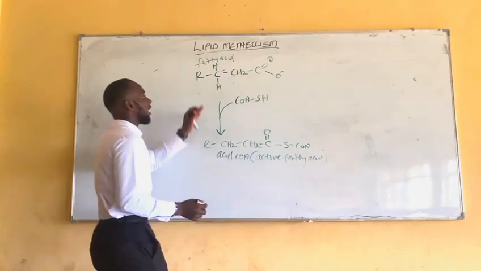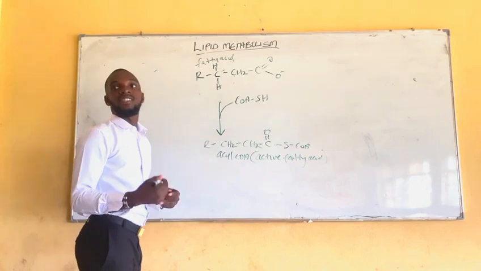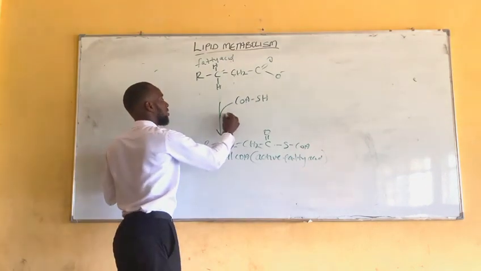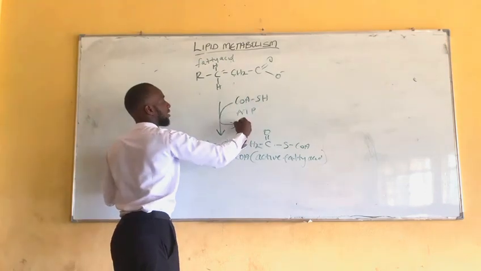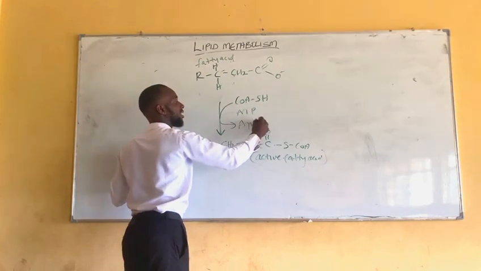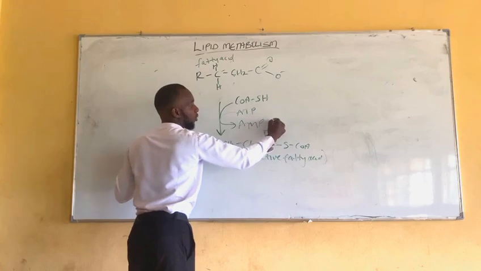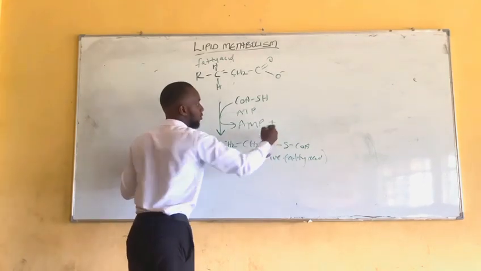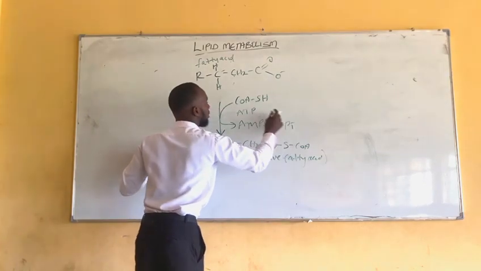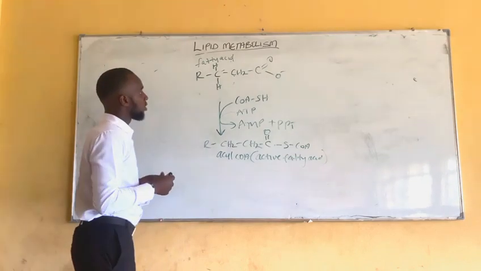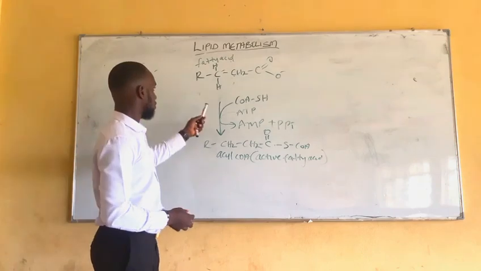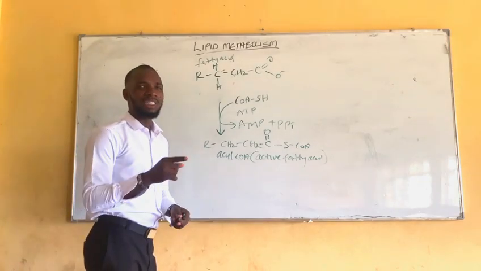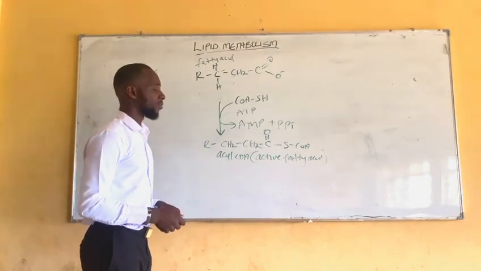This activation process requires ATP. ATP will go in, and then AMP, adenosine monophosphate, plus 2 molecules of phosphate will go out. So ATP is required for this activation process. What do you think will be the name of the enzyme for this step?